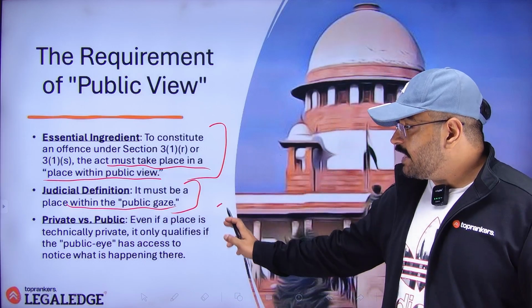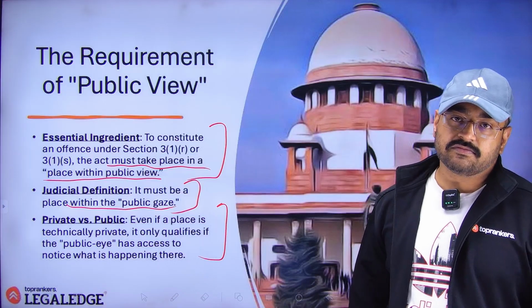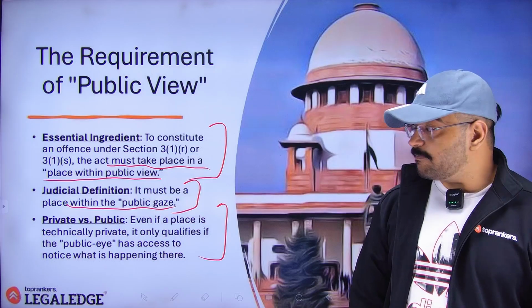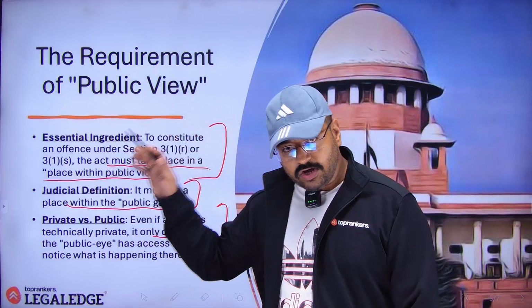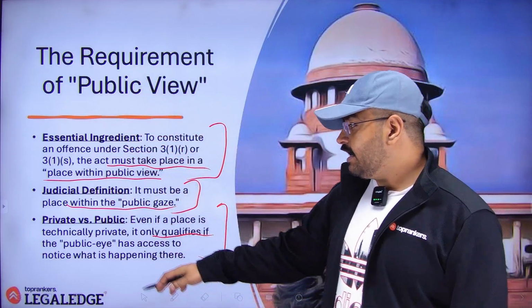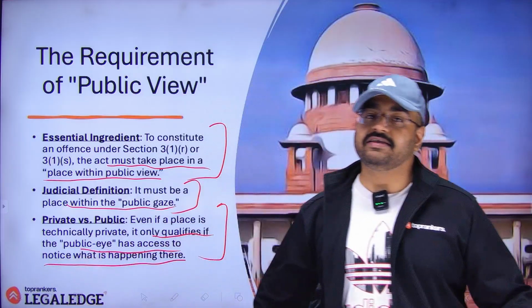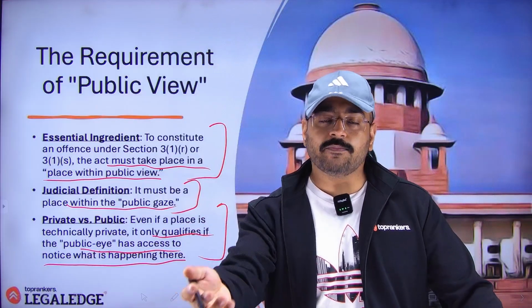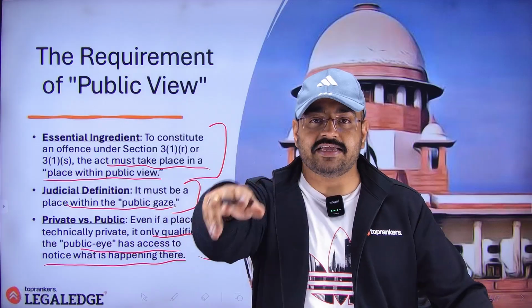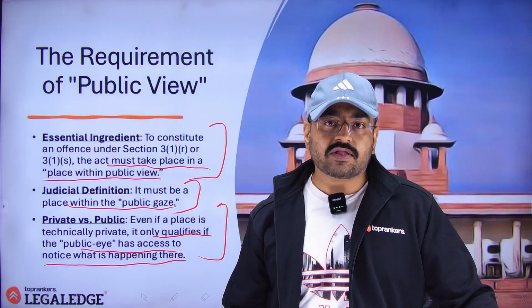So even if a place is technically private, कि अगर कोई घर भी है, ठीक है, it only qualifies for the purposes of this offense if public eye has access to notice what is happening there. तो घर की छत पे अगर हो रहा है, घर के लॉन में अगर हो रहा है, जहां पर सब लोग देख सकते हैं कि क्या हो रहा है, that can still be considered as a public place, right?